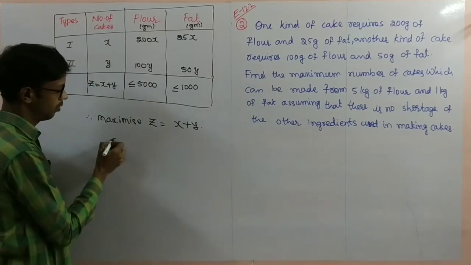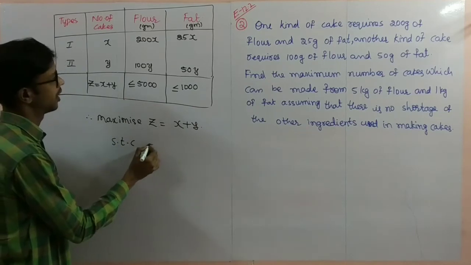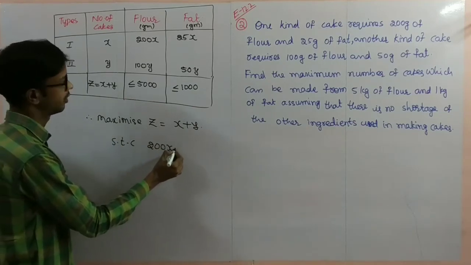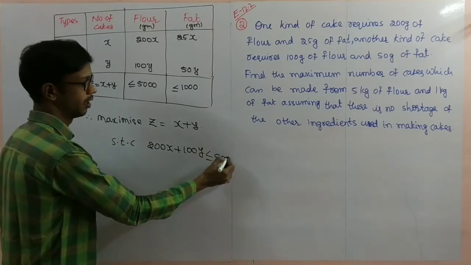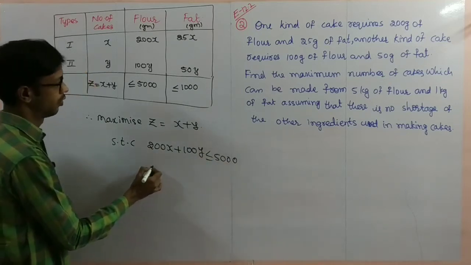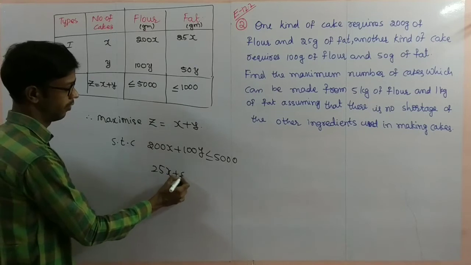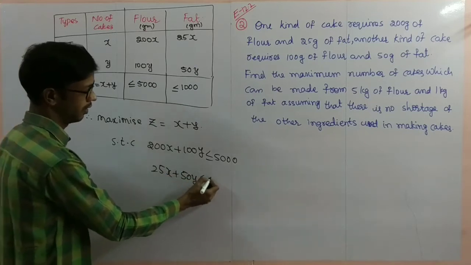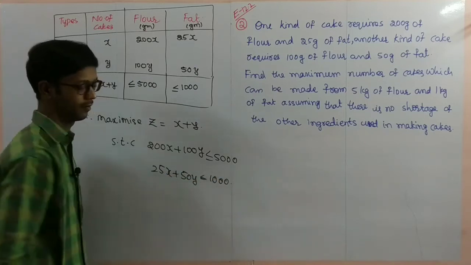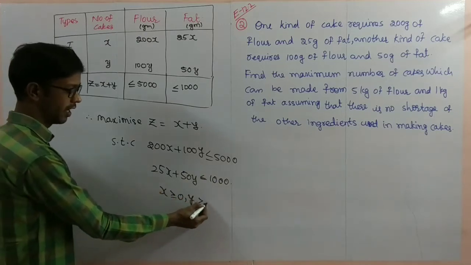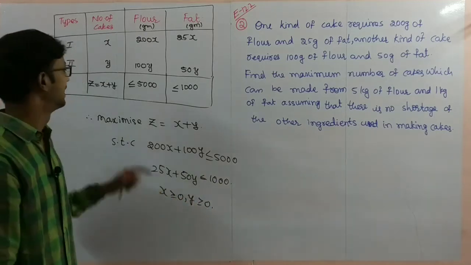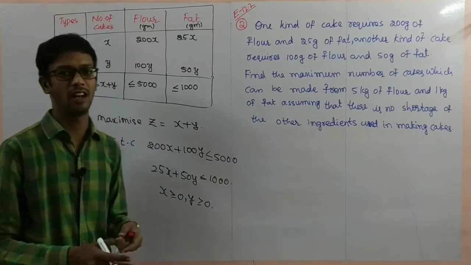And subject to constraints: 200X plus 100Y is less than or equal to 5000, and 25X plus 50Y is less than or equal to 1000, and X is greater than or equal to 0, Y is greater than or equal to 0. Why? Because the number of cakes is not negative.